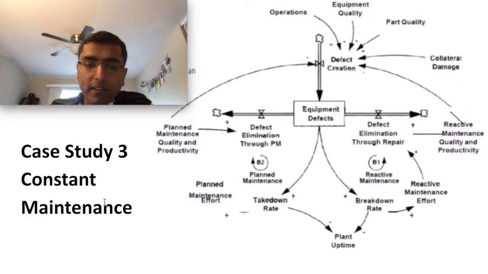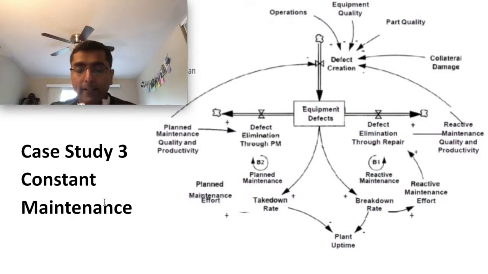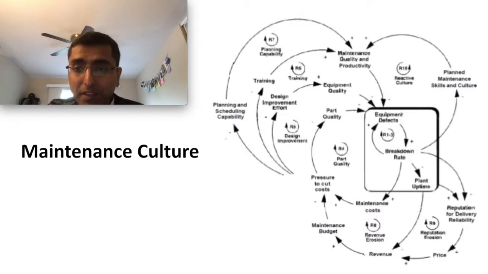And with this, they were able to find out why they were spending more money. They were spending more money because it was all reactive. And they found out that this culture of maintenance was just business as usual. So there were many detailed things that they did to go deeper into why this reactive maintenance was happening.